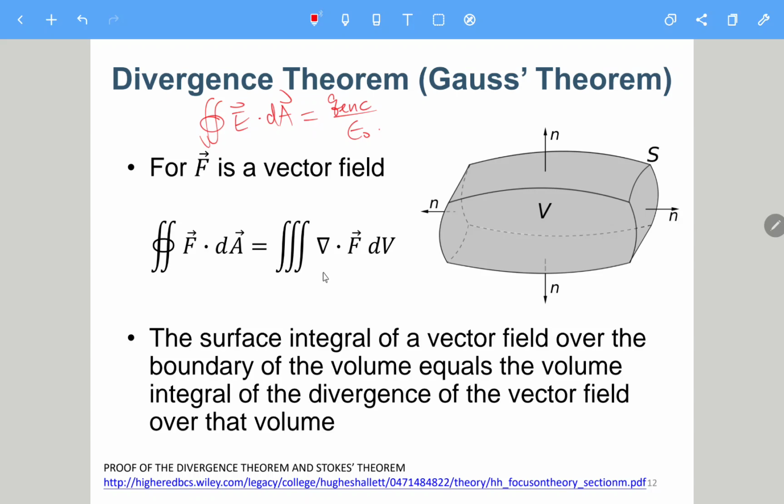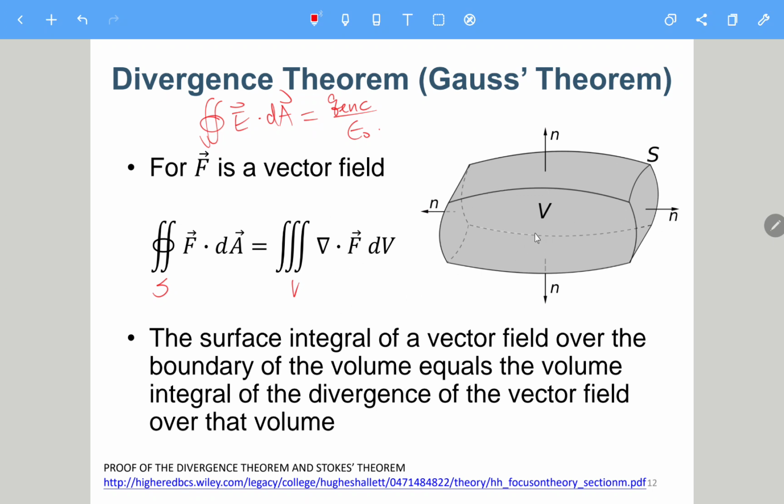On the right side we have a triple integral of the divergence of F, and this triple integral is over the whole volume. Suppose this surface integral is over the surface S, which is a closed surface, and V is the volume enclosed by this closed surface. So this triple integral is over the volume V.